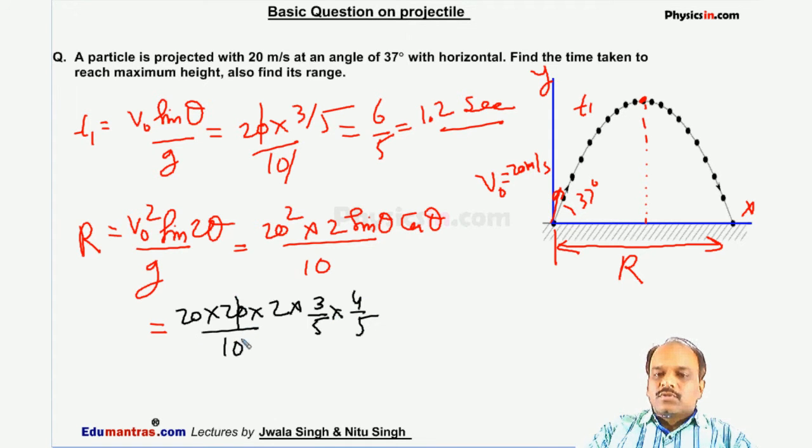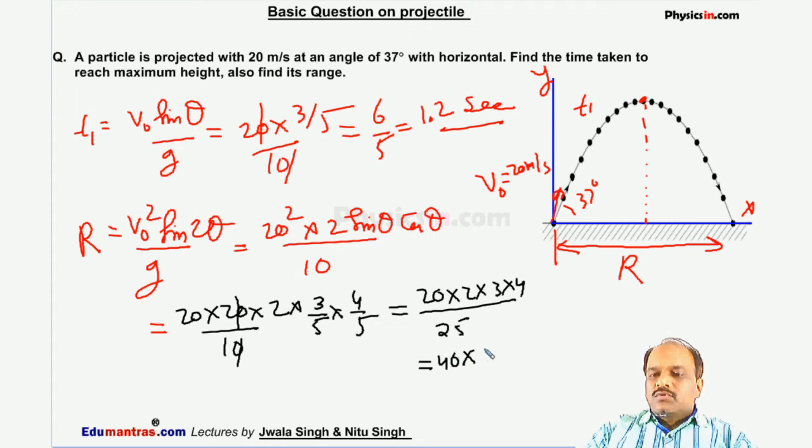So this 0 will vanish. We get 20 into 2 into 3 into 4 divided by 25, which comes out to be 40 into 12 divided by 25.